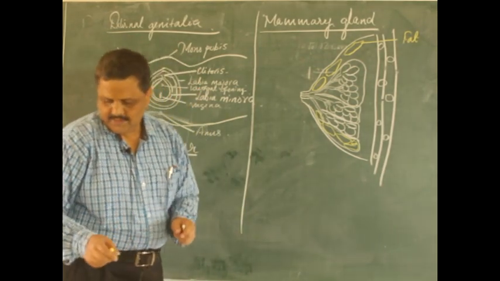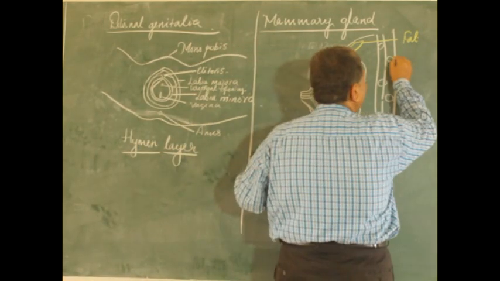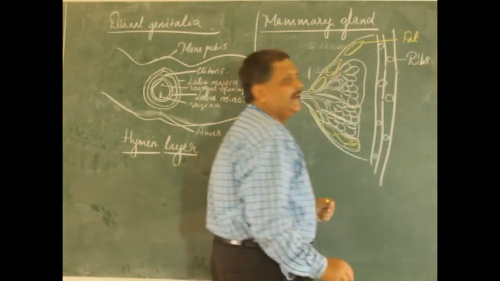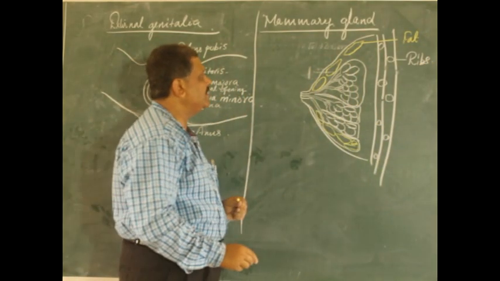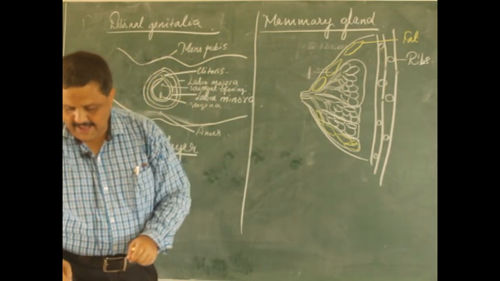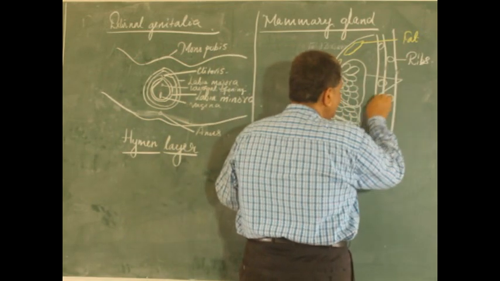So now let us see the parts. These are the ribs, the rib cage in the thoracic region, and the outer layer is the fatty tissue, and here these are the mammary lobes.